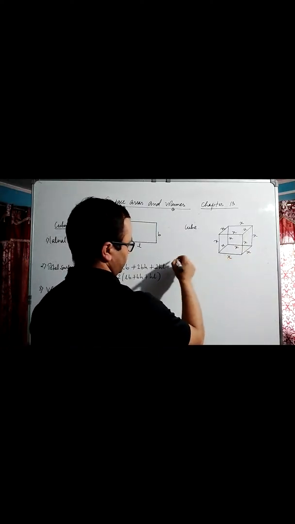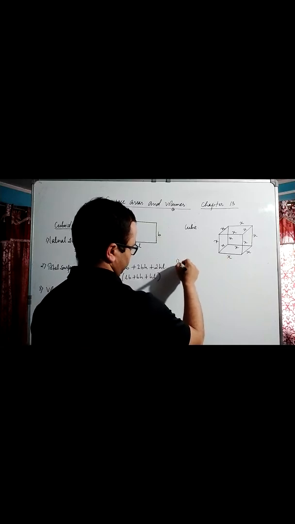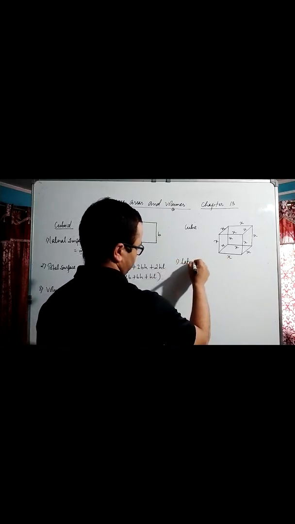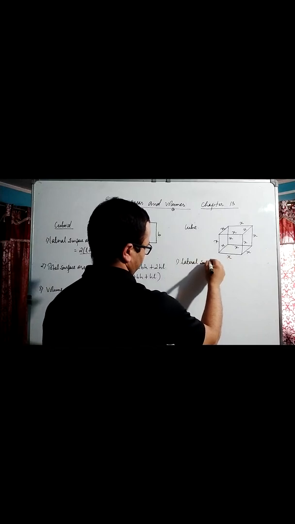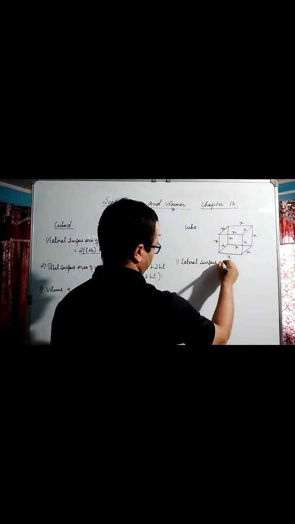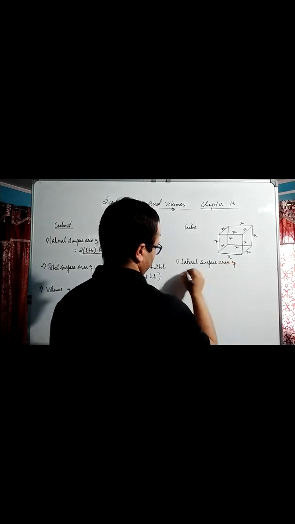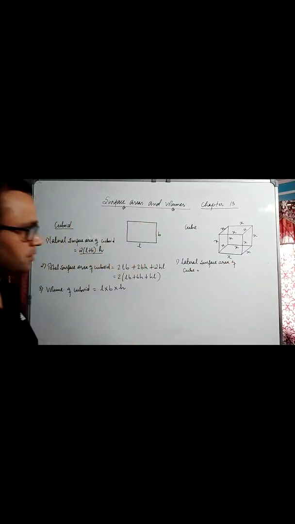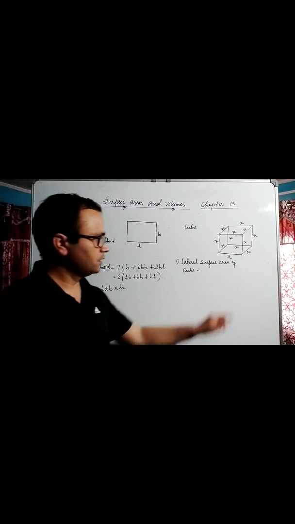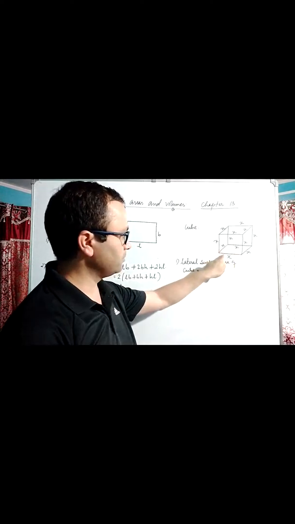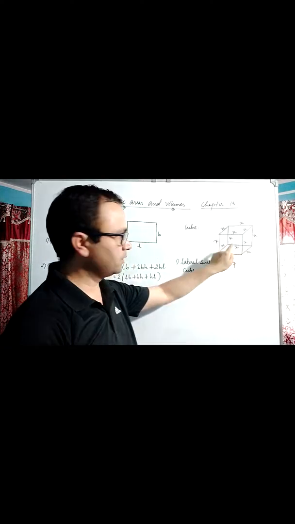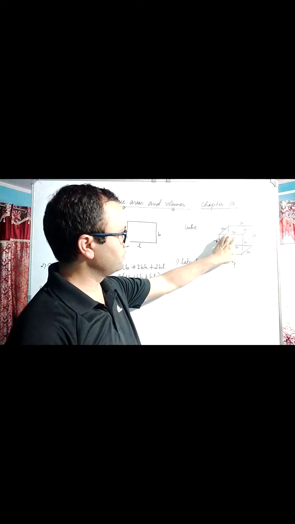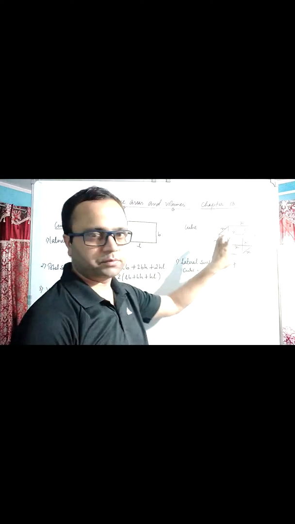Now first we will calculate the lateral surface area of the cube. The formula is the same, perimeter of base into height. What is the perimeter of the base? It is the perimeter of a square, because the face of the cube is in the shape of a square.